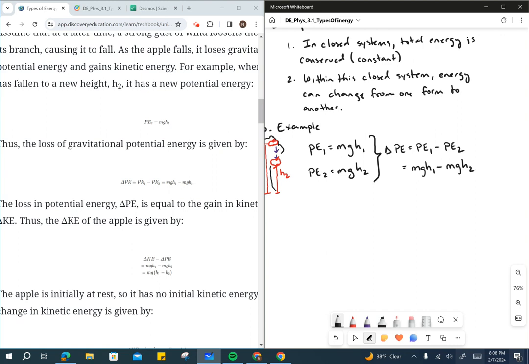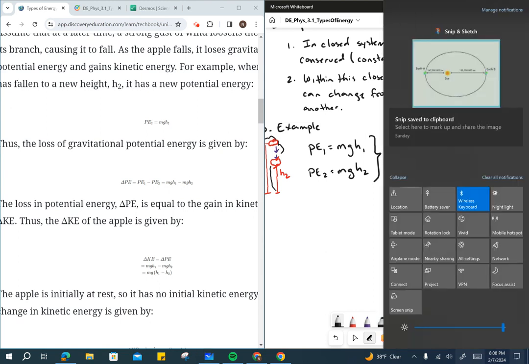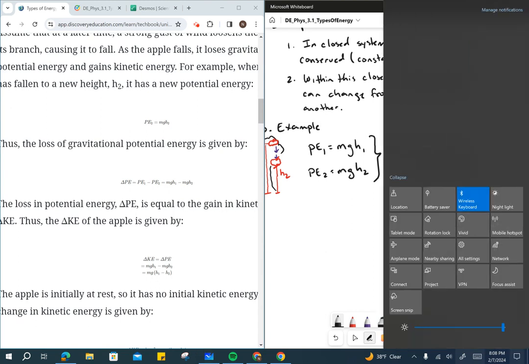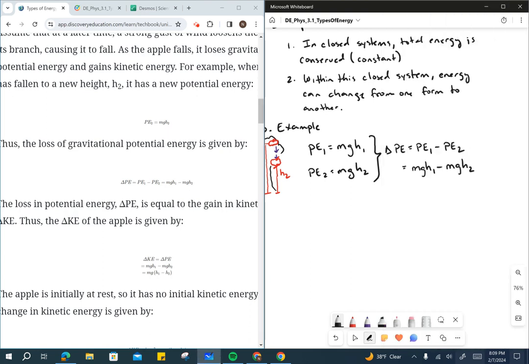Now, they kind of go through and do a little bit of fancy math here, which should not scare you, but we can go ahead and do the distribution principle here, and we can pull out the, sorry there, not sure what happened. Oh, geez, what did we just do there? Don't want to do any of that. Hopefully everything is still recording here. We can go ahead and say that this equals mass times gravity times h1 minus h2. So notice what we did was we took the two terms that were common in both expressions, right?